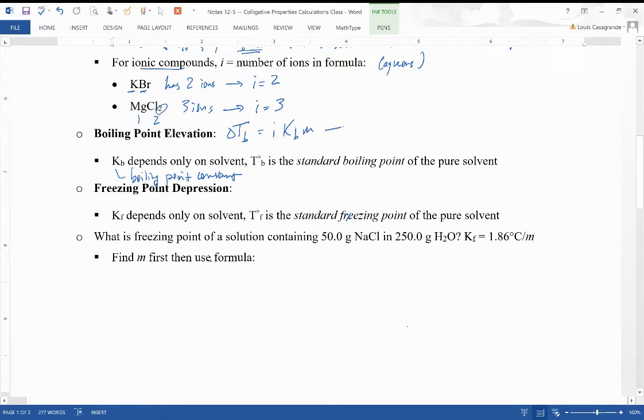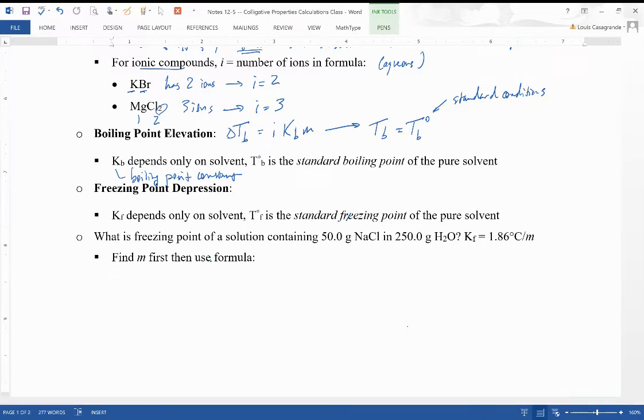And then if we want to know what our actual boiling point is, the T_B, that's going to equal our standard boiling point, T_B with a little 0 up at the top. That naught indicates standard conditions, so basically 1 atmosphere pressure.